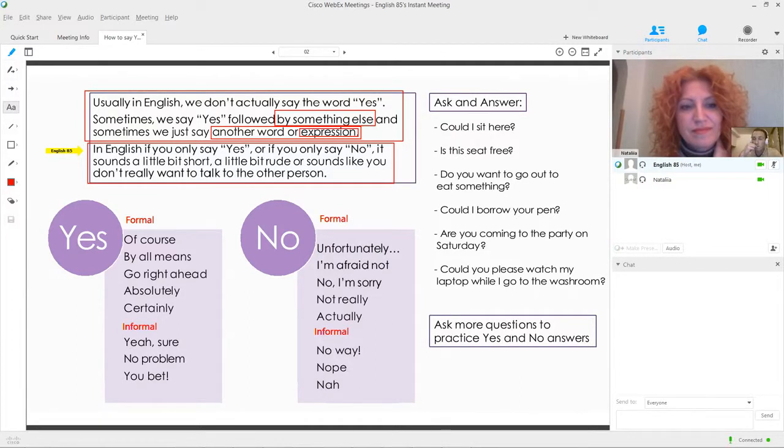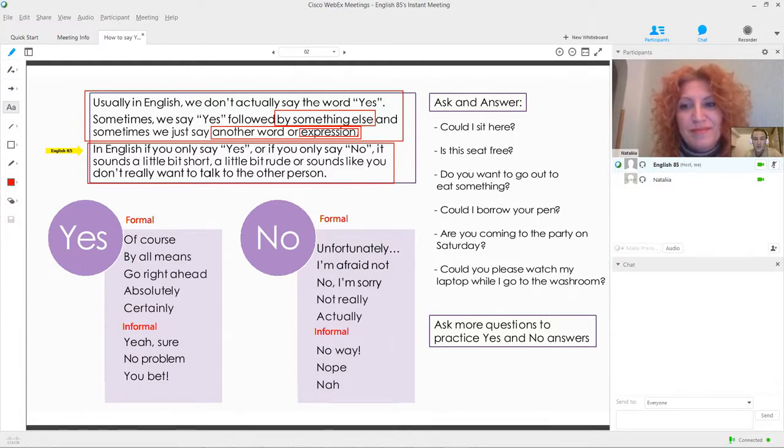Formal. When do we use formal English? When do we use formal language? Well, we can use it if we are talking on the job, for example, with your boss or colleagues. But informal, it's if you're talking with your friends and close people.